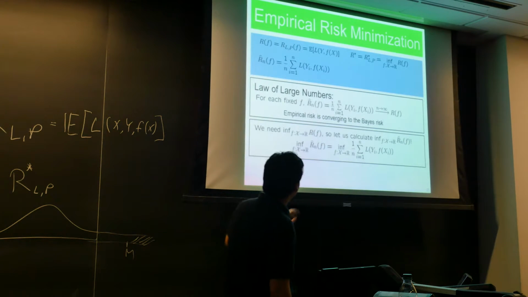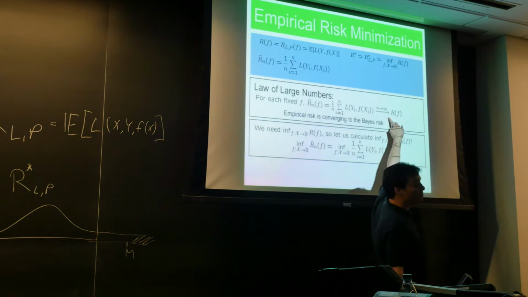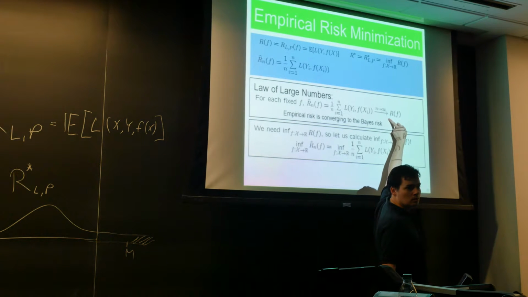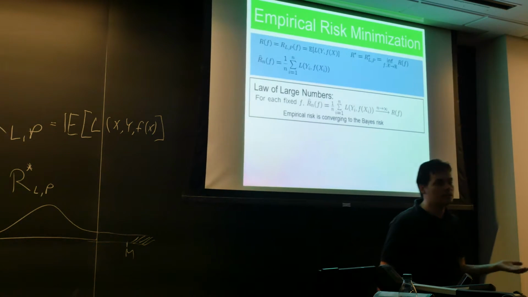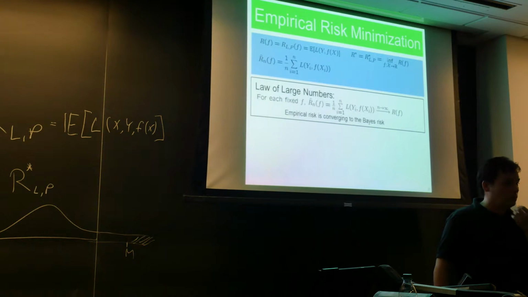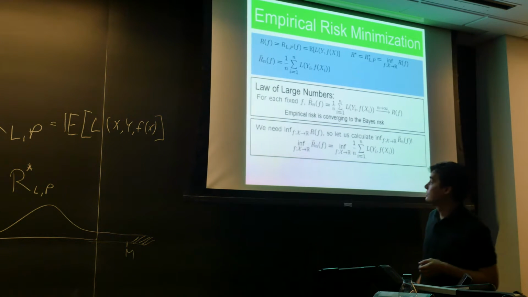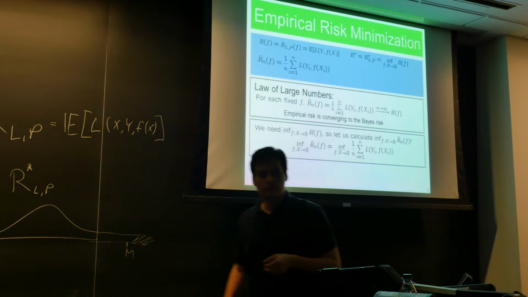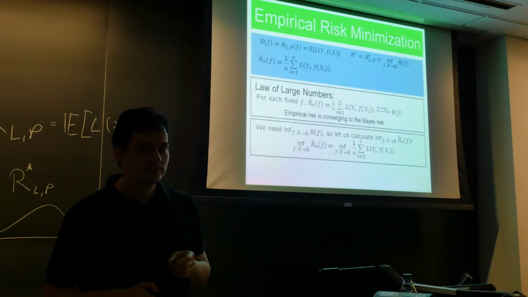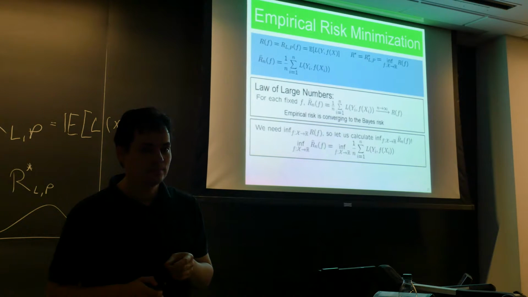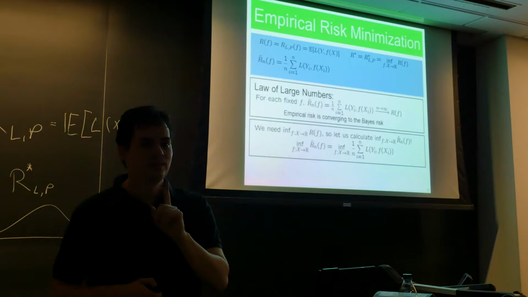Our goal is to minimize the risk for all possible f's. But I don't know the risks. So maybe one approach could be, let's just minimize the empirical risk for all functions f. So what I'm saying is that if you always solve the empirical minimizer, the minimizer of the empirical risk, then you're going to be universally consistent. I didn't say that. No, but isn't it that?